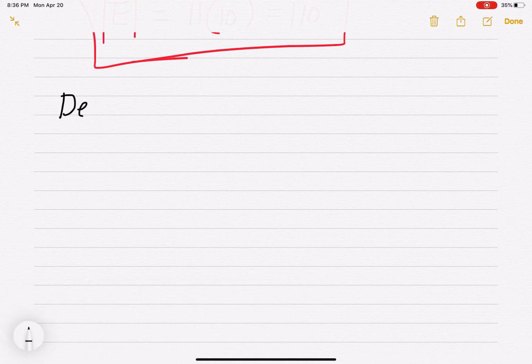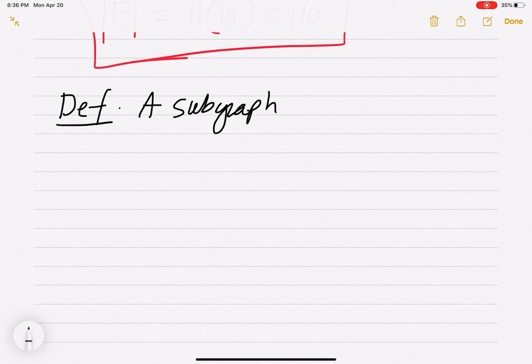Definition. A subgraph. It's basically a graph that's inside of a graph.